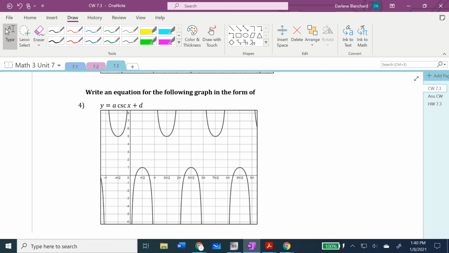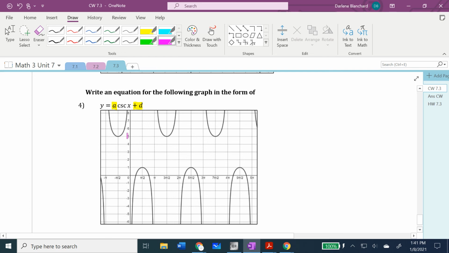Cosecant. If you look at what this is showing, this is a multiplication outside the function, and this is an addition outside of the function. Those are both vertical issues. If you look at a regular cosecant graph, the midline, the center horizontal axis, is the x-axis normally.